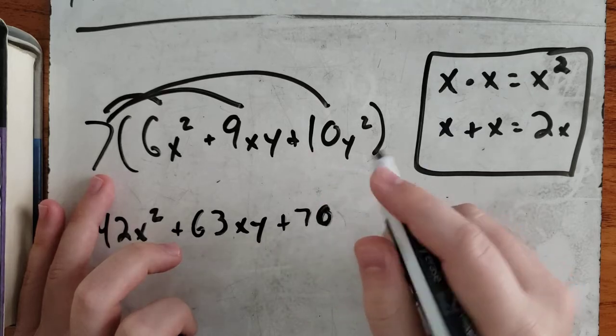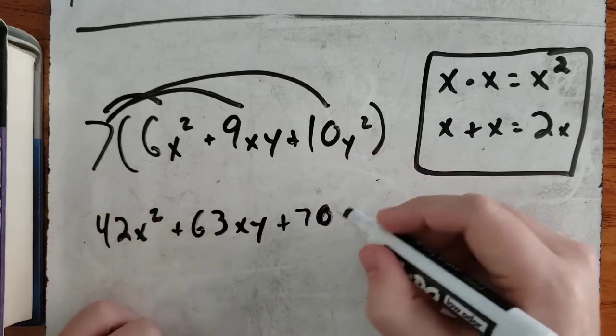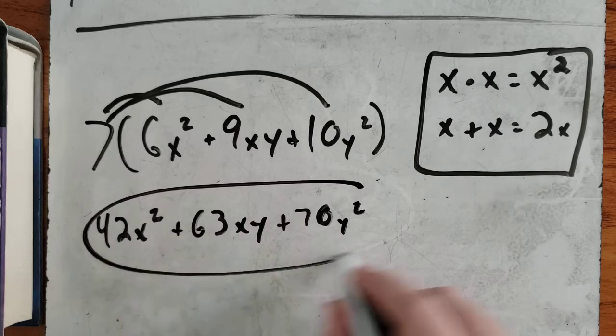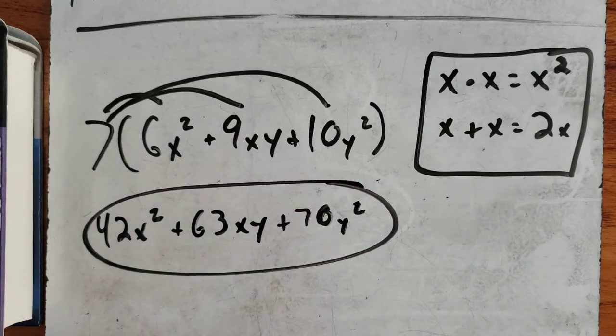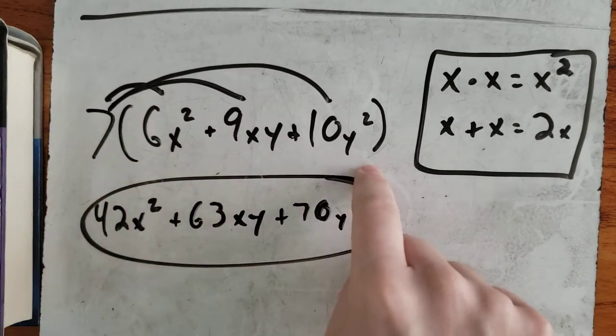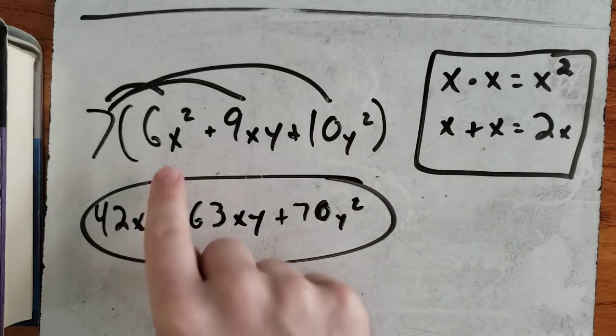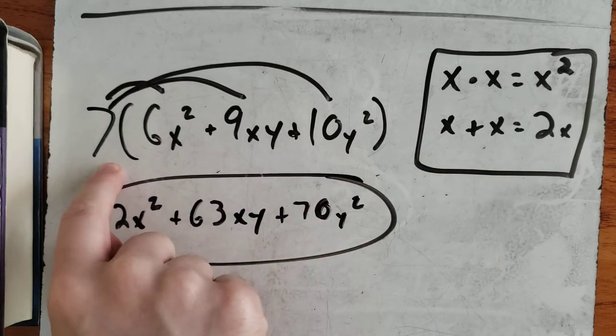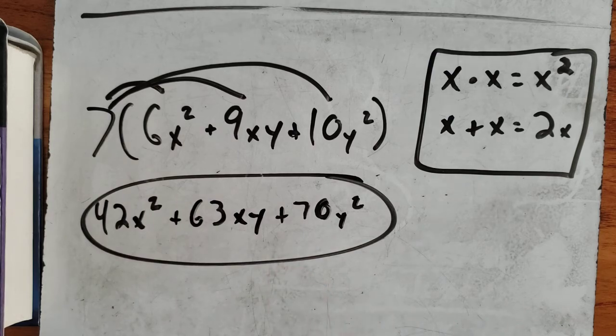And then the y squared gets brought down. Okay? So that's all there is to it. Number on the outside, all it does is multiply by each number on the inside. The letters all stay the same because there's no letter on the outside to get multiplied with it, okay?